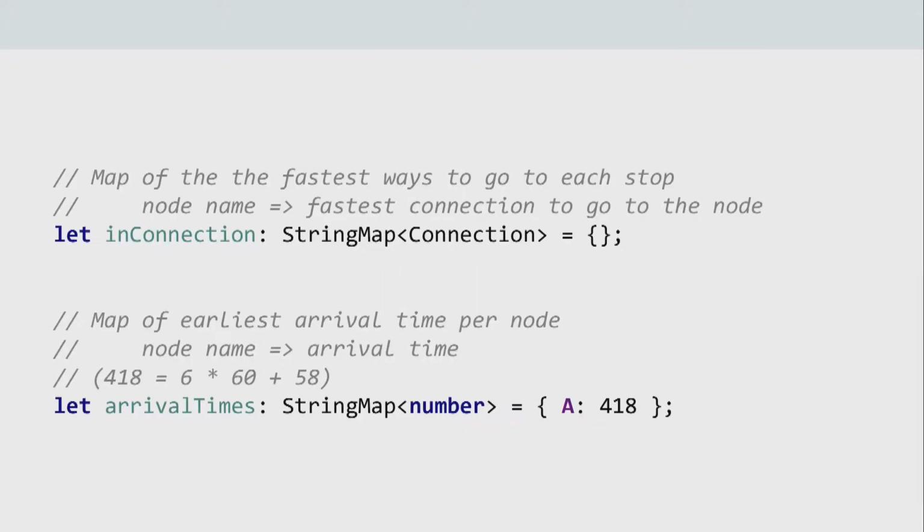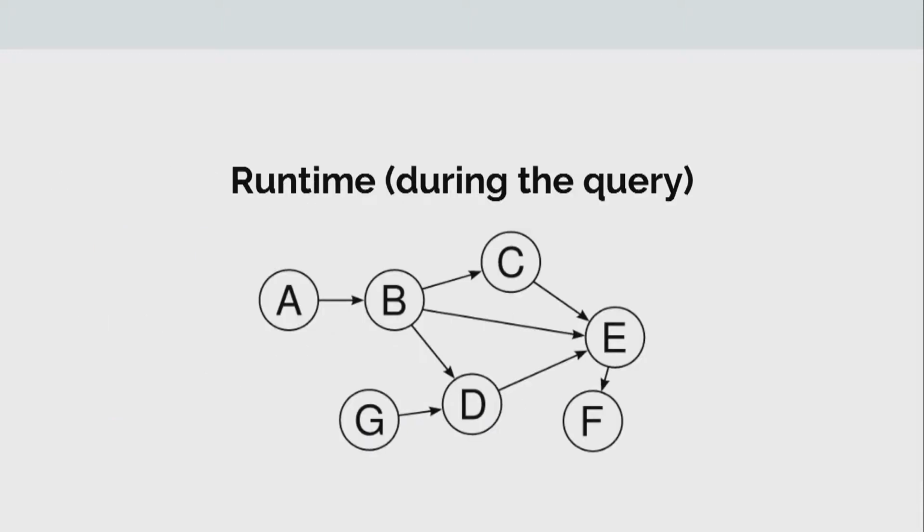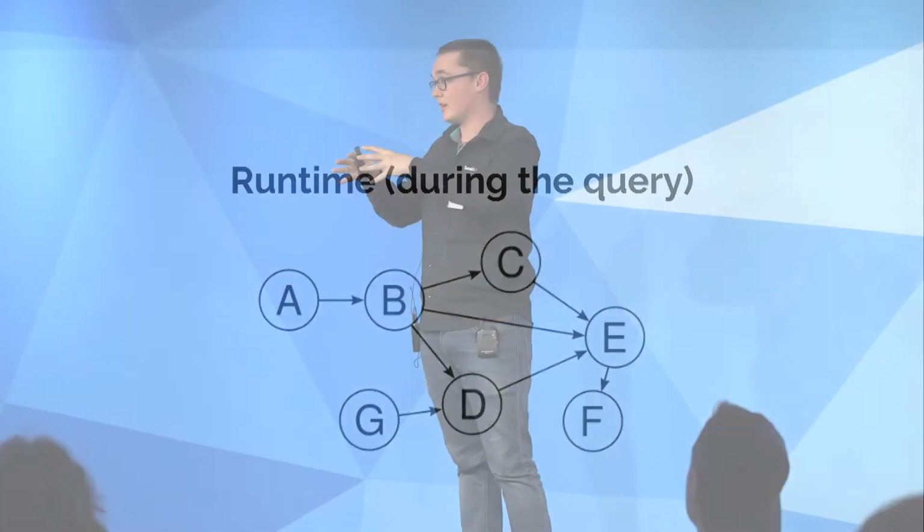The first thing you have to do is to prepare all the data in memory. So what's going to happen is that, let's say, for instance, you want to go from node A to node F. As in Dijkstra, you compute every single earliest arrival path to every other node.